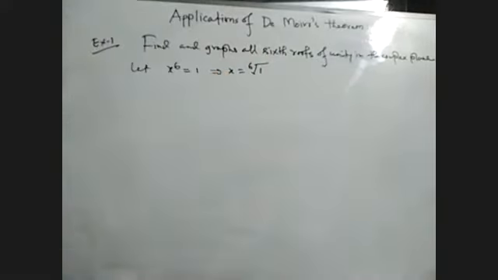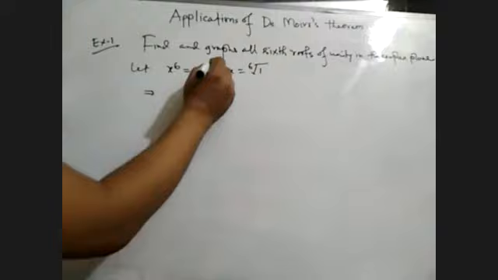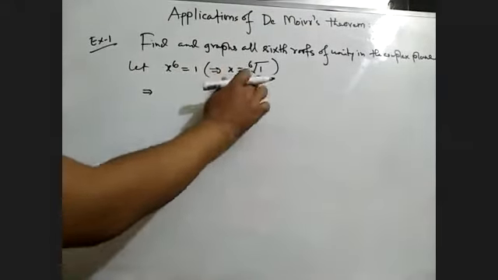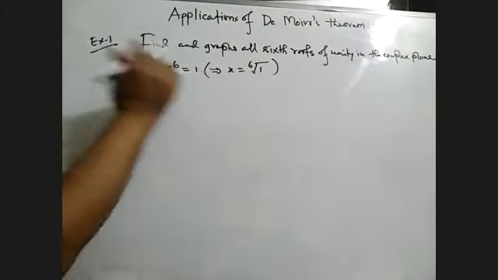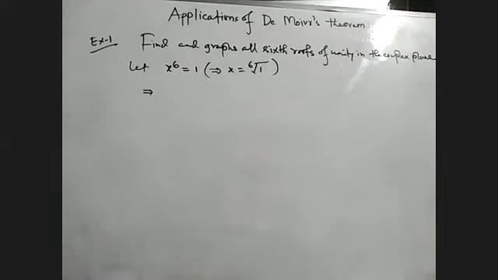So from this line, the six roots of unity can be written as x to the power 6 equals 1. So there are 6 solutions for this equation.